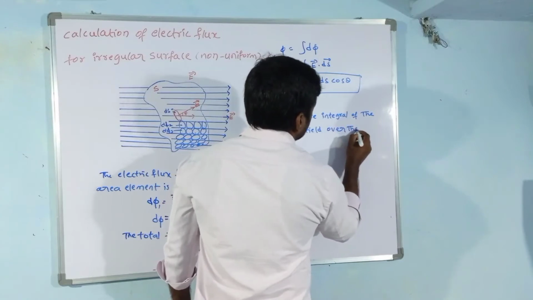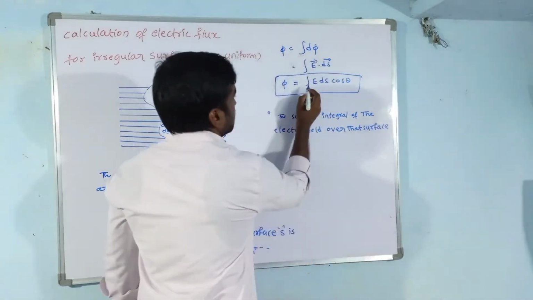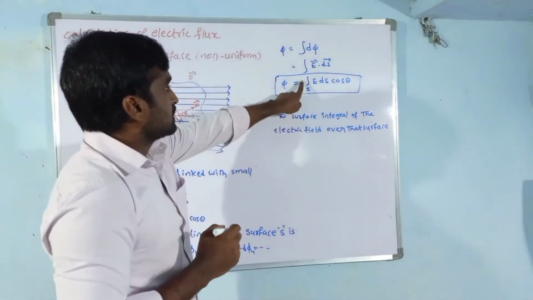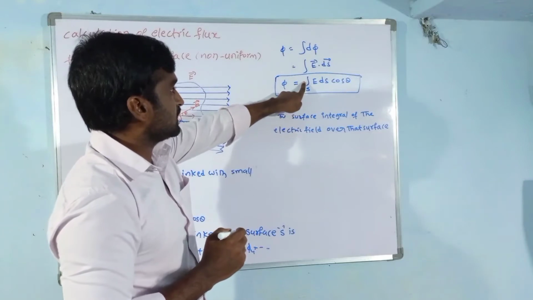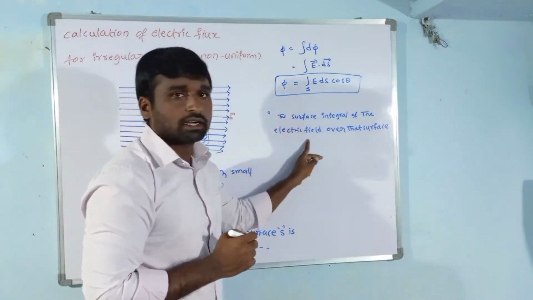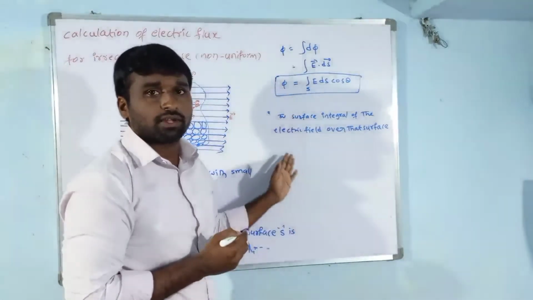This is a surface integral, that's why I am using S in the suffix: the integral over S of E dS cos θ. This is the definition of the electric flux.